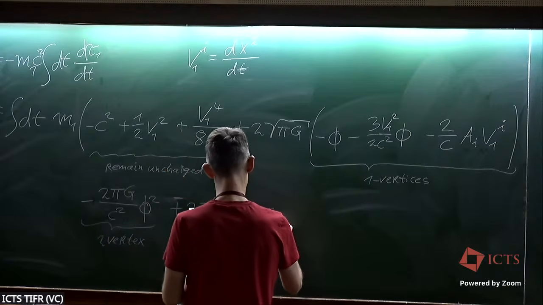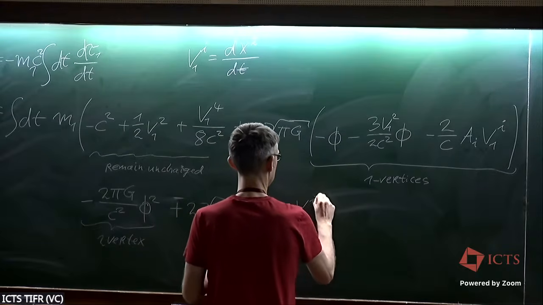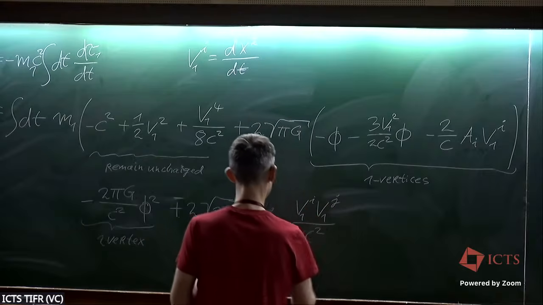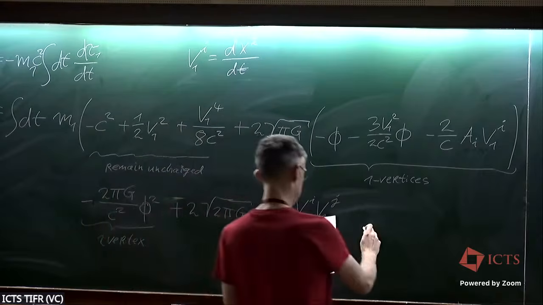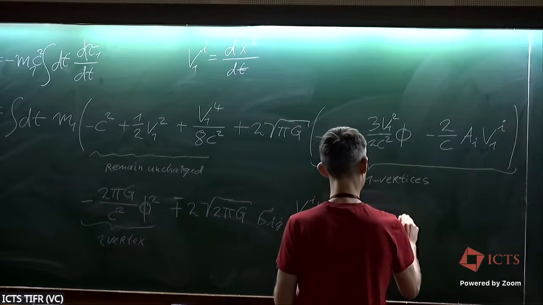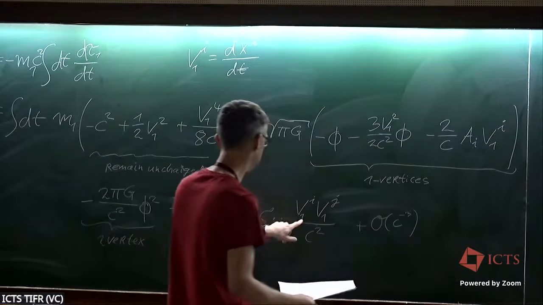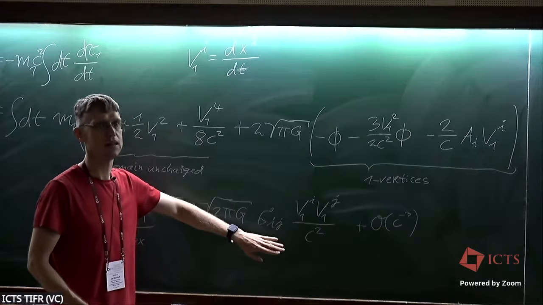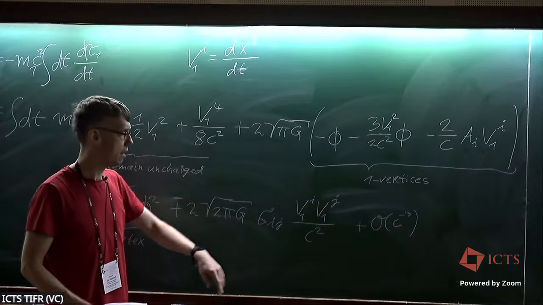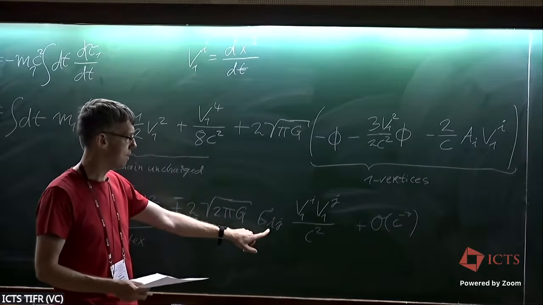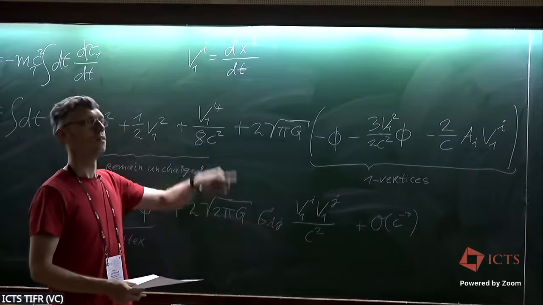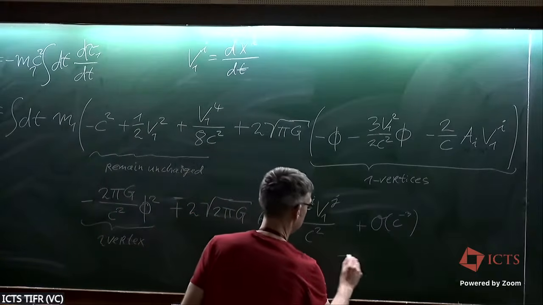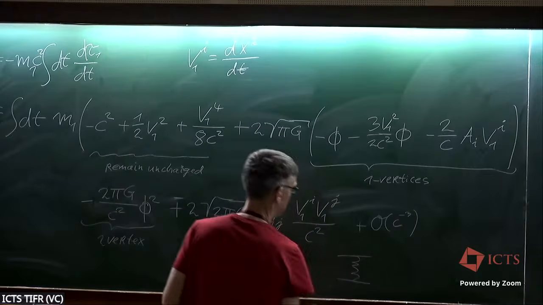So the first coupling to sigma looks like this. It couples to two velocities and gives a factor of 1 over c square. So naively, one might think, okay, it contributes to 1PN. The problem is you have to connect that graviton with another world line, right? So the only diagram that you can write down is this one.